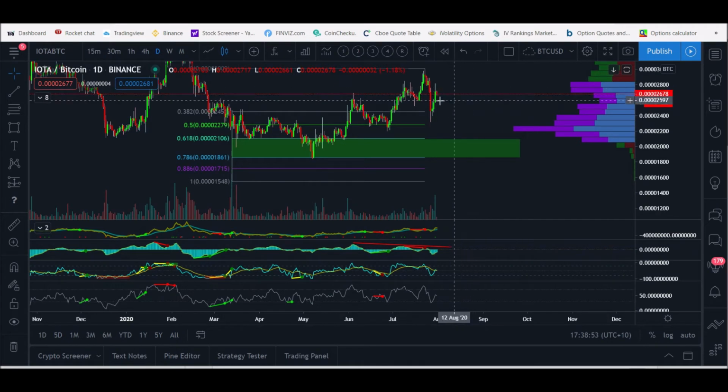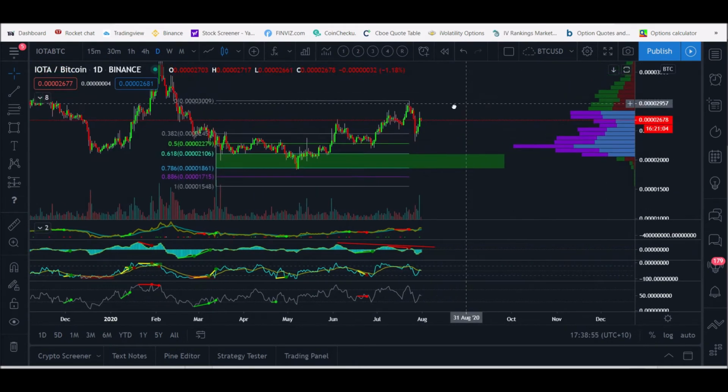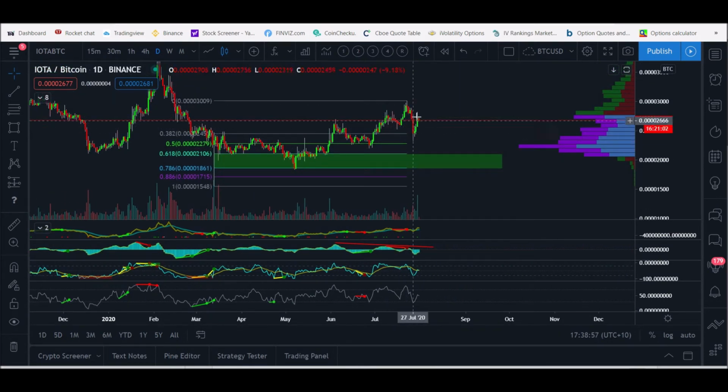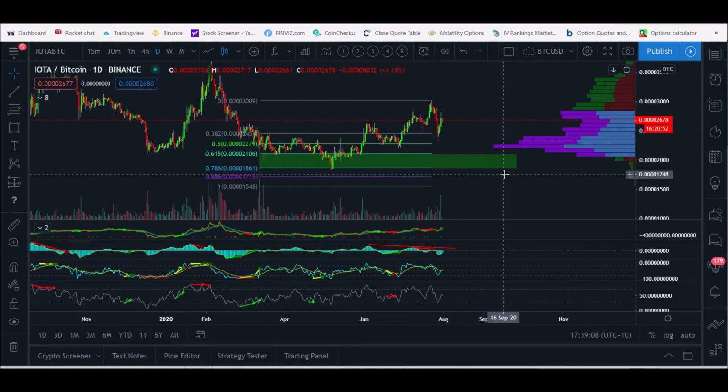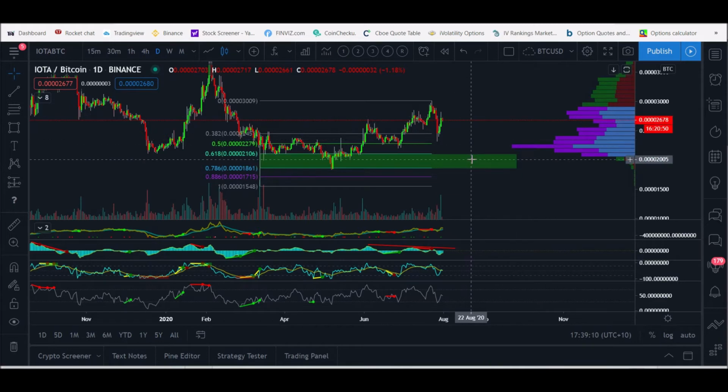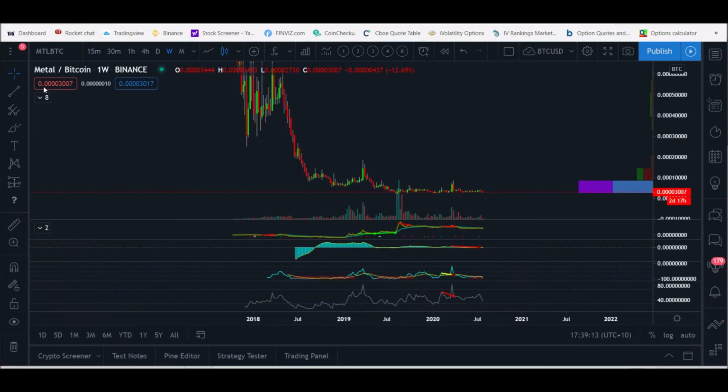I don't see Iota moving up any higher from here. If anything, I would like to see it come back down into the reload zone. Don't forget we have this giant wick here. So yeah, I would like to see this come back down anyway. That was Iota.